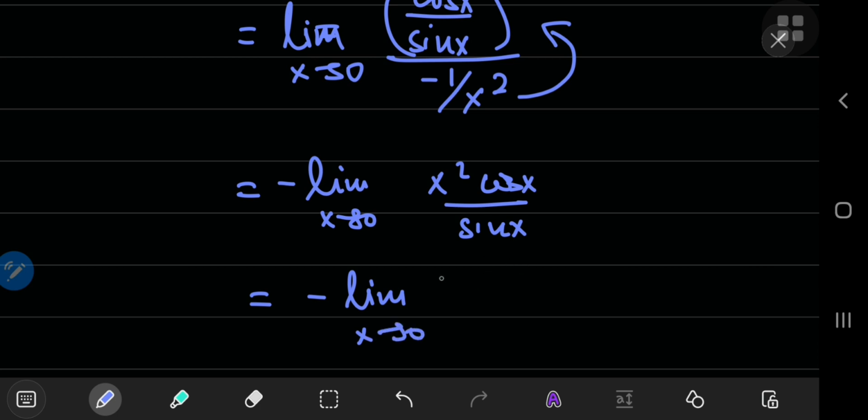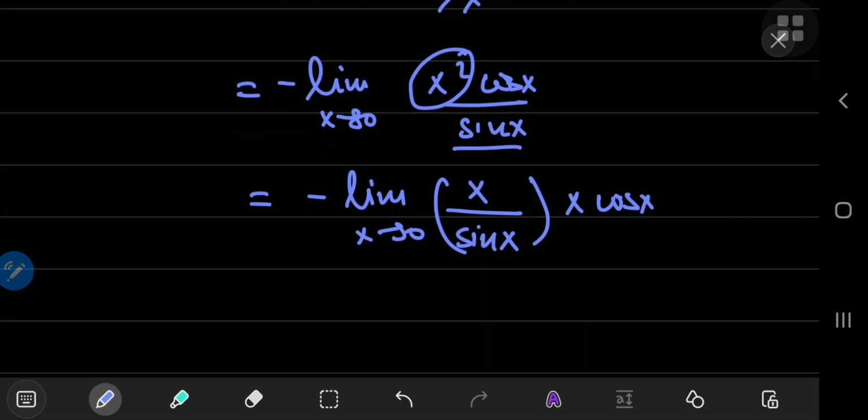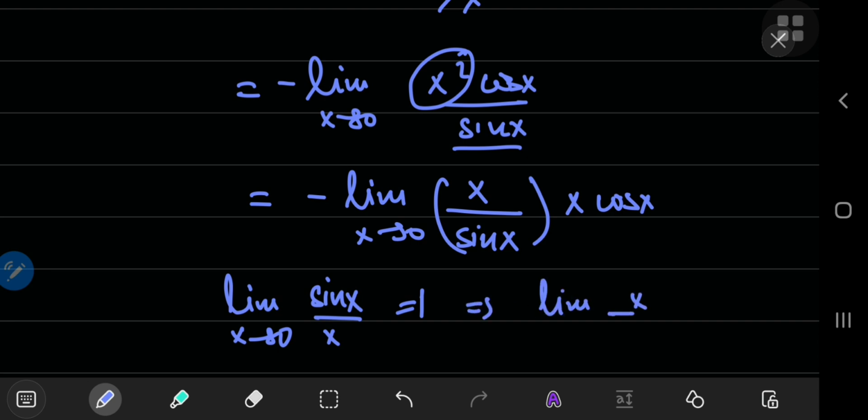We can write, because we have two x's, right? So let me take one x as the numerator of the x by sine of x term, and let me just leave the other x term with the cosine of x. Now we have some familiar stuff. We know that the limit of sine of x by x as x approaches 0 is 1, which implies that the limit of x by sine of x as x approaches 0 is also going to be 1.